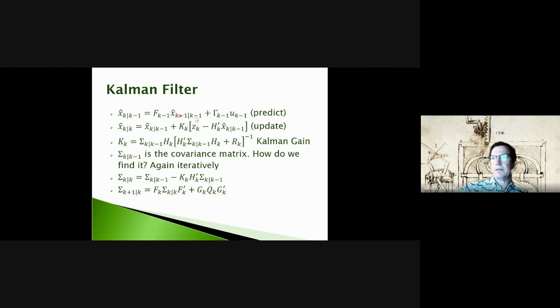It looks a little weird because they're both k minus ones, but this is conditioned on all of our prior estimates, and there's some function that updates that along with some inputs, right? And we're not carrying along the noise anymore because we are dealing with estimated values, right? So there's an expectation implied here, right?